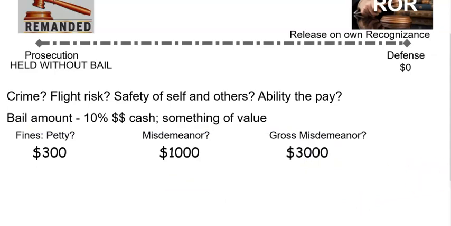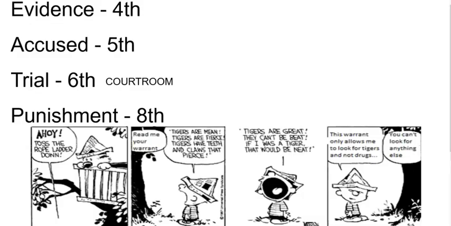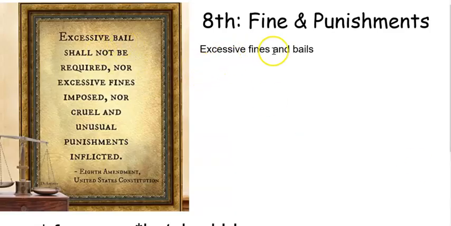So when we go back to the 8th Amendment and look at excessive fines and bails, the fines we just talked about, and then bails, the idea that I'm going to put up some money so that I'm not held in custody between my court dates.